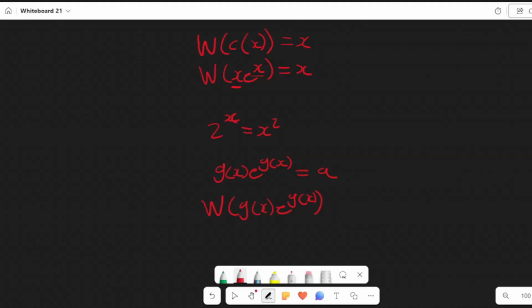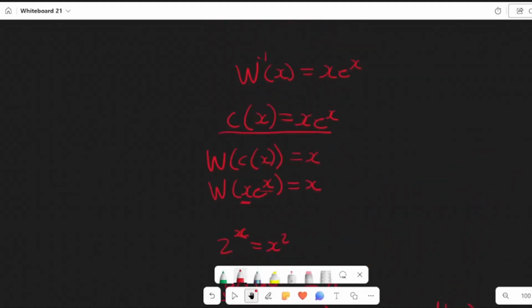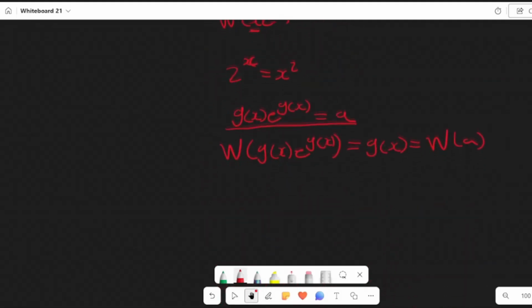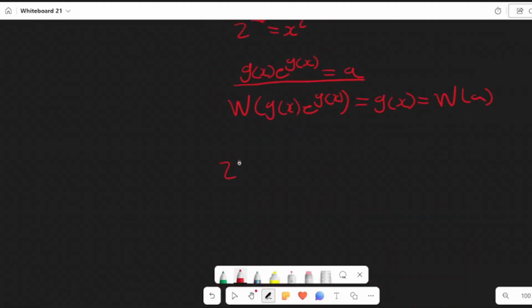So W of g of x times e to the g of x is going to be equal to g of x, which is going to be equal to the Lambert W function of a in this particular equation right here. So let me demonstrate how to solve this particular equation, 2 to the power x equals x squared.